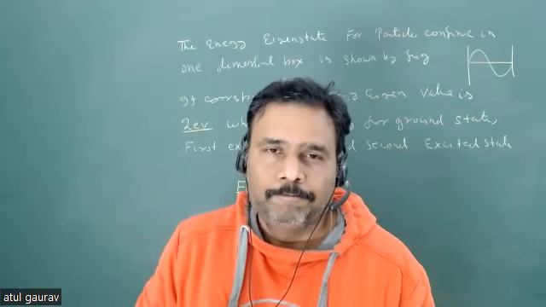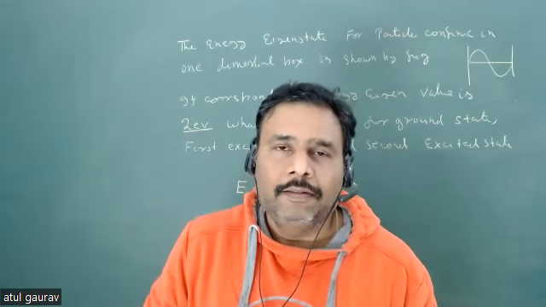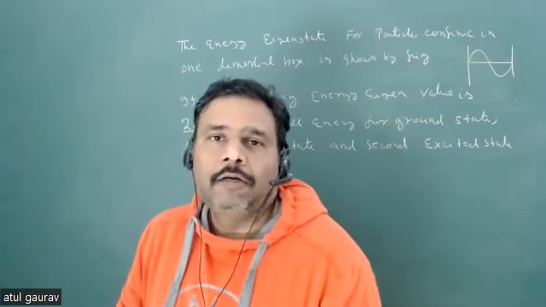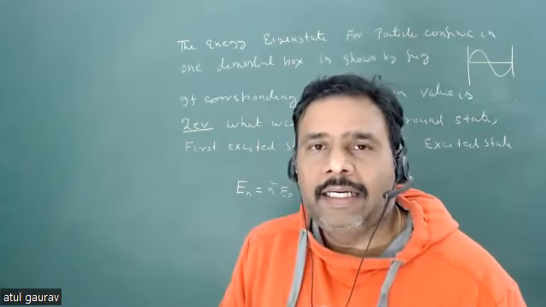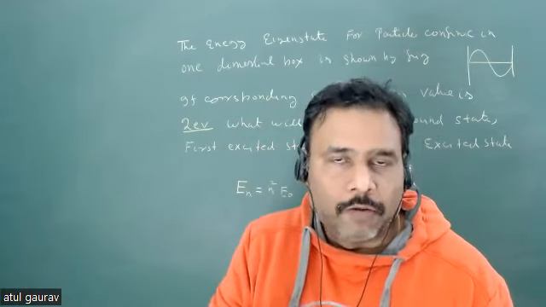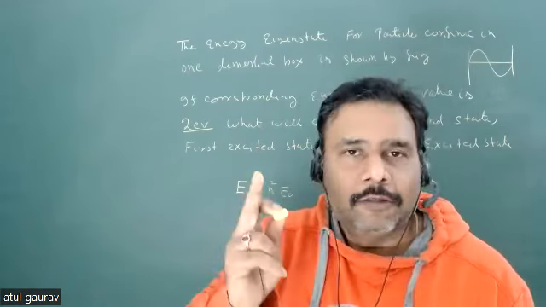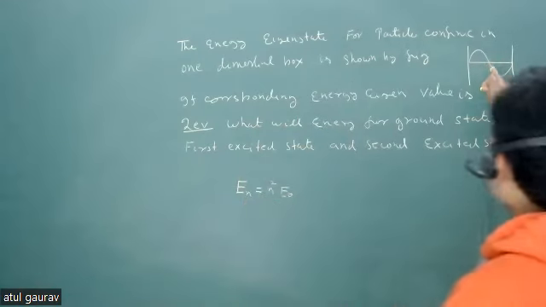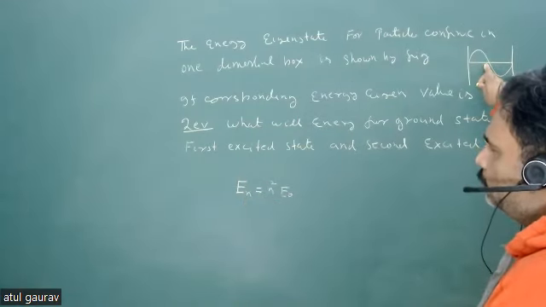कल बात किया था मैंने, ग्राउंड स्टेट के लिए कितने नोड होंगे? ग्राउंड स्टेट के लिए 0 नोड, फर्स्ट एक्साइटेड स्टेट के लिए 1 node, second excited state के लिए 2 node. So how many nodes are there? Only 1 node is there.